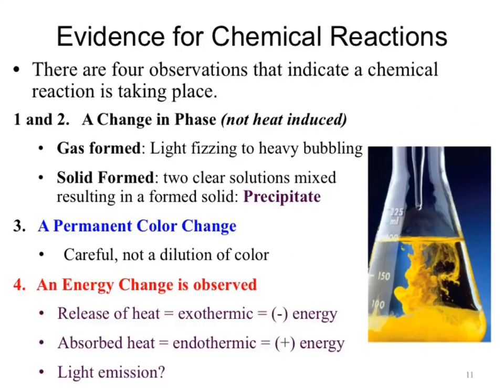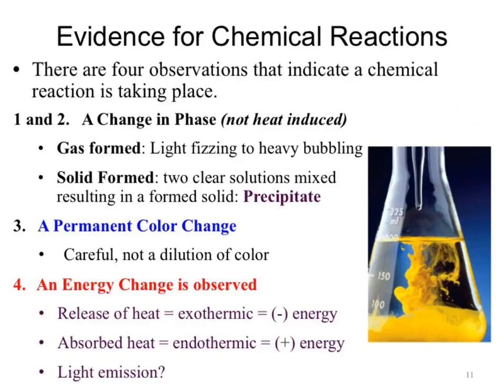Next one's another fun one. Permanent color change. We have to be a little bit careful with this one. If I take red food coloring and blue food coloring and I mix them, what do you see? Purple. Is that a chemical or a physical change? That's a physical change, not a chemical one. What's the difference?